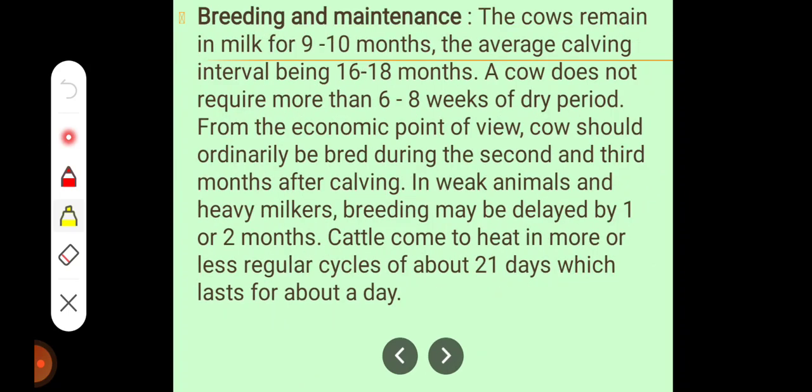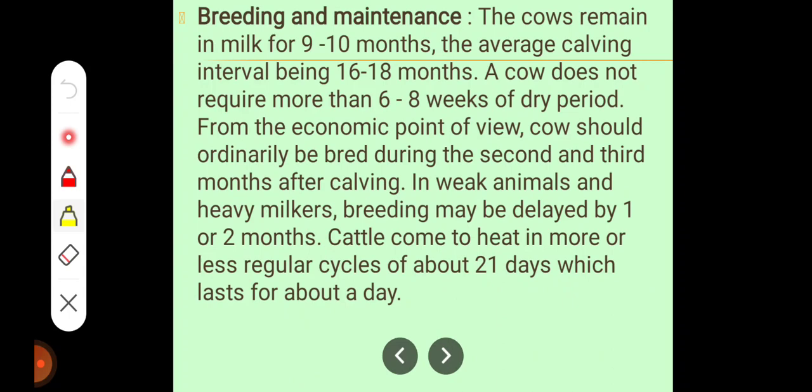Breeding and maintenance. The cow remains in milk for 6 to 10 months, the average calving interval being 16 to 18 months. A cow does not require more than 6 to 8 weeks of dry period. From the economic point of view, the cow should ordinarily be bred during the second and third month after calving.